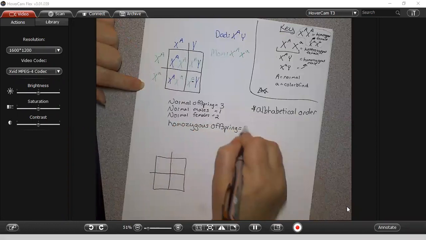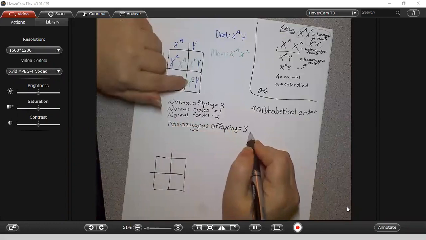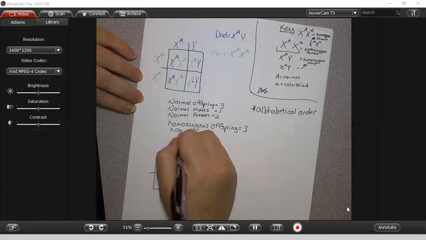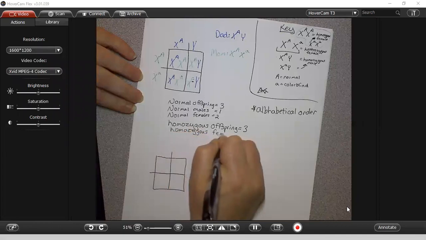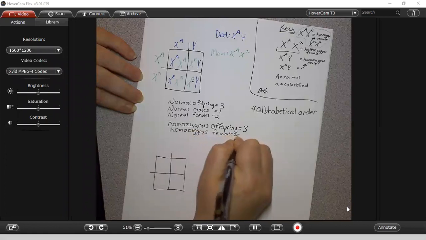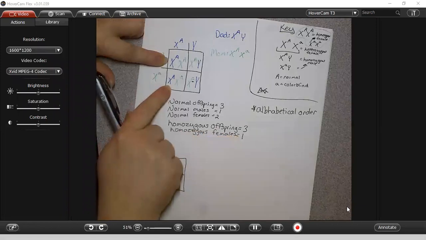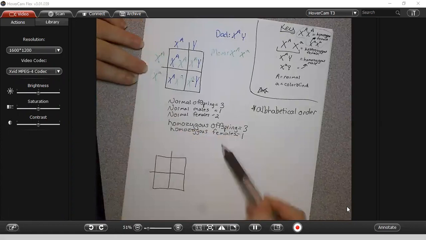It's going to be 3, right? 1 here, and both males because they don't have the second X. Homozygous females equals 1 because this one is heterozygous. Okay, so pay attention to what the question's asking you on these sex-linked traits because you can get the wrong answer just by misreading the question.